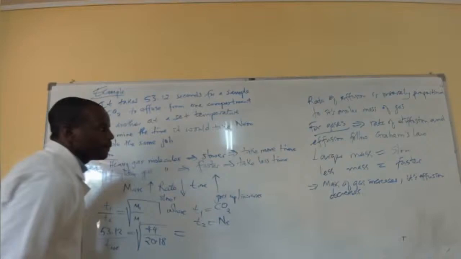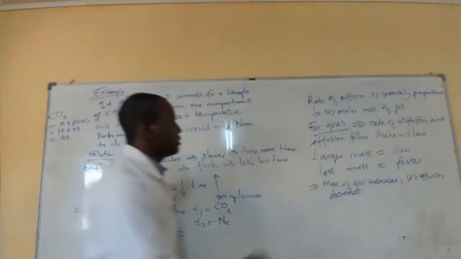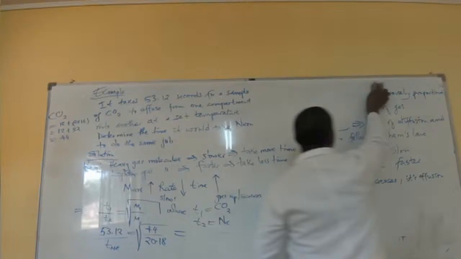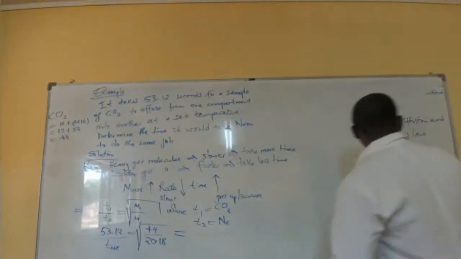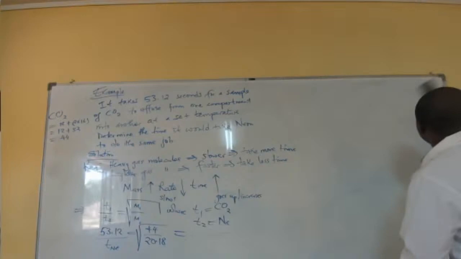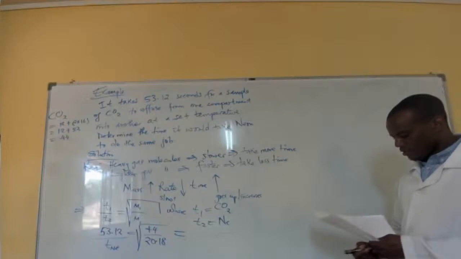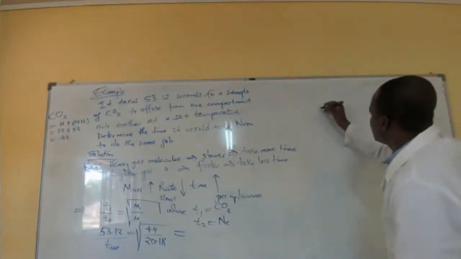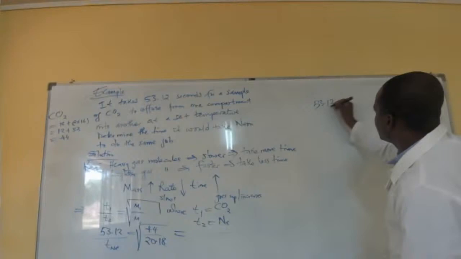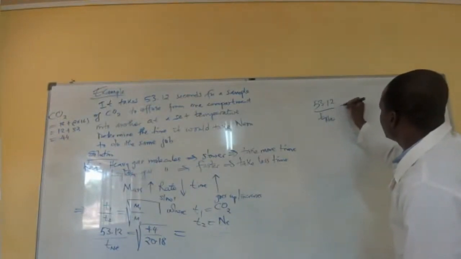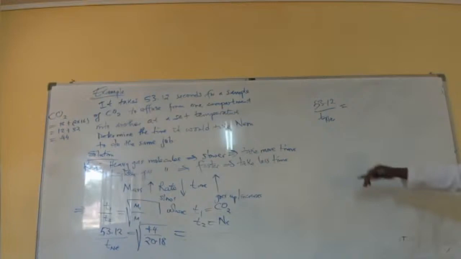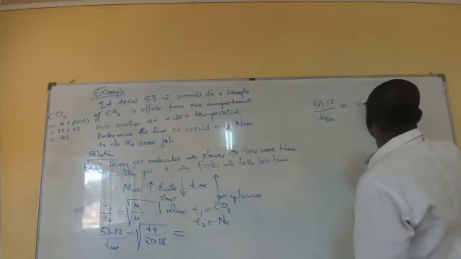Here, I don't want to go this side because the camera seems not to be following me. But what we have this side, so it's still visible. So what we're going to have is 53.12 divided by the time for neon, which will be equal to, when you simplify, 44 over 20.18, and then you divide that, you're going to get 2.18.